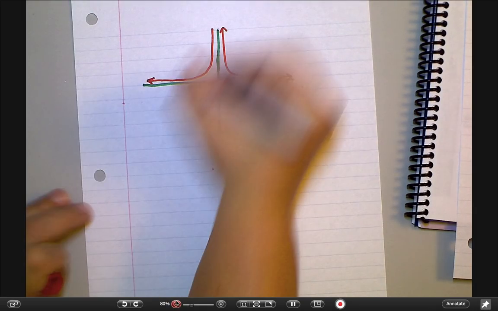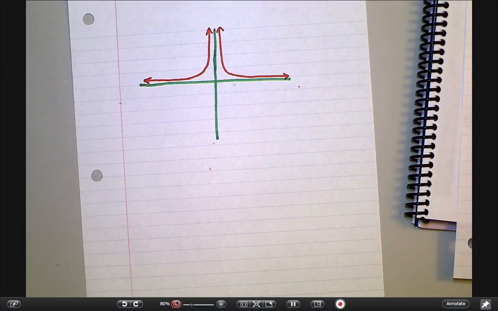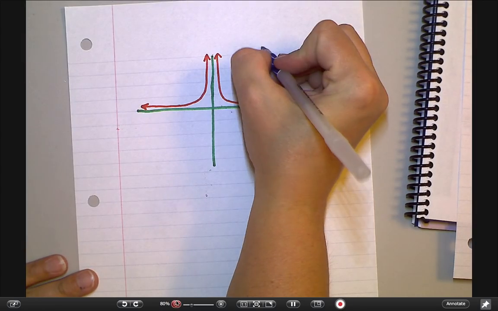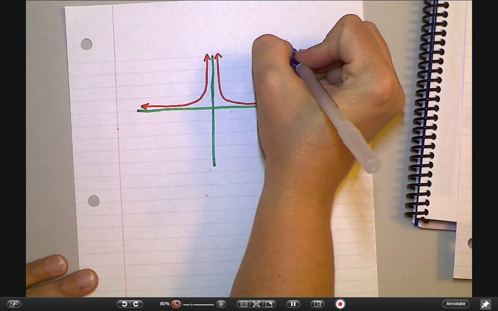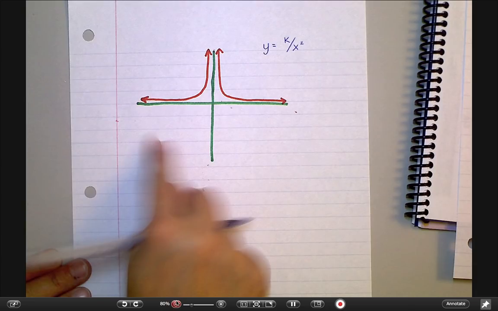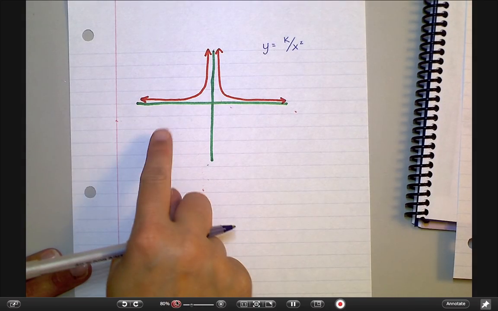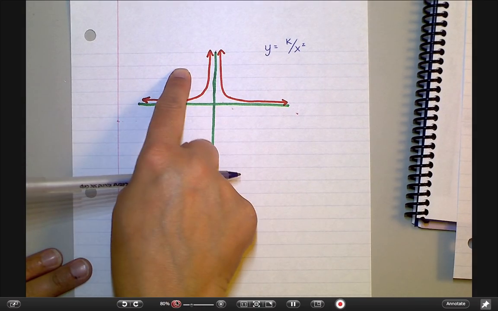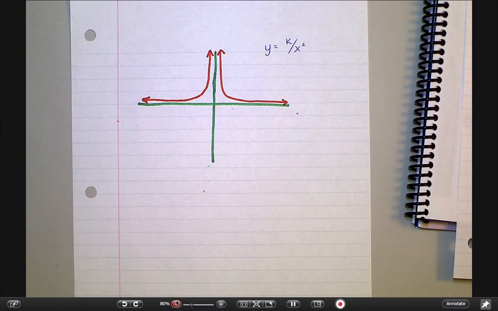Okay? This guy is the graph of y equals k over x squared. So when I square that x, all it did was take my branch of the hyperbola that was down here and flip it up top. Okay? So that would be the lower level of that table that you're filling in.